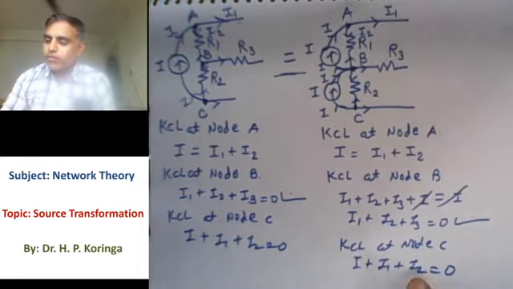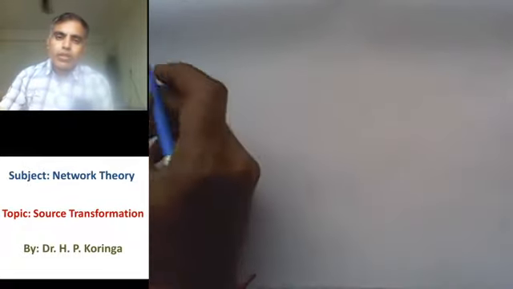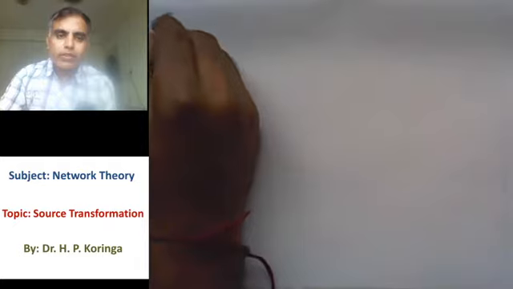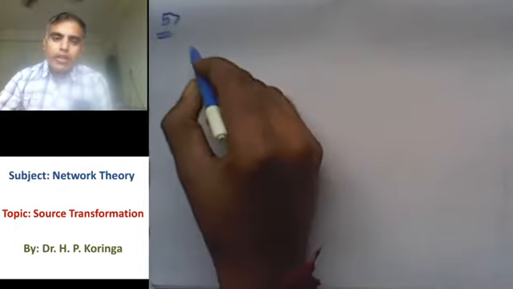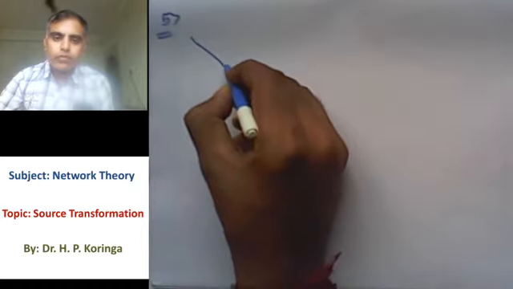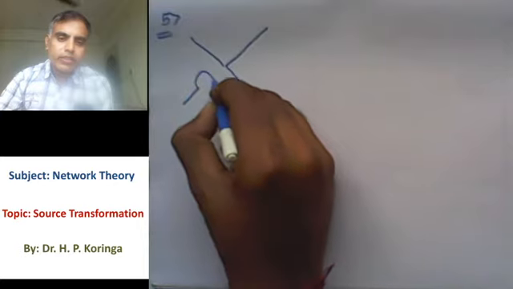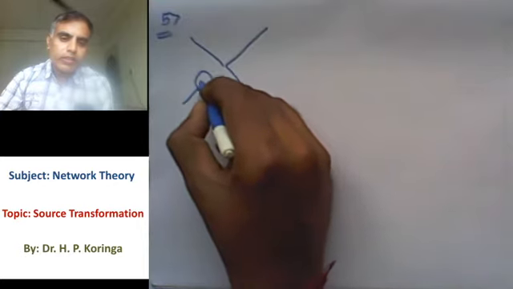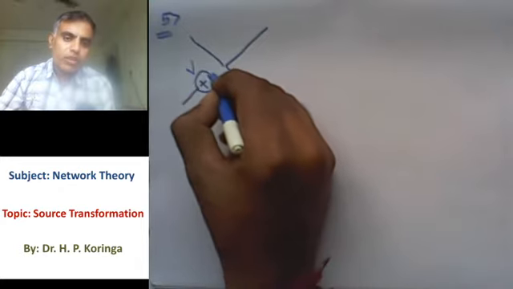Now let's see one more rule. Rule number 5 says: for any voltage source, suppose there are 4 branches connected, and plus and minus is toward the origin.